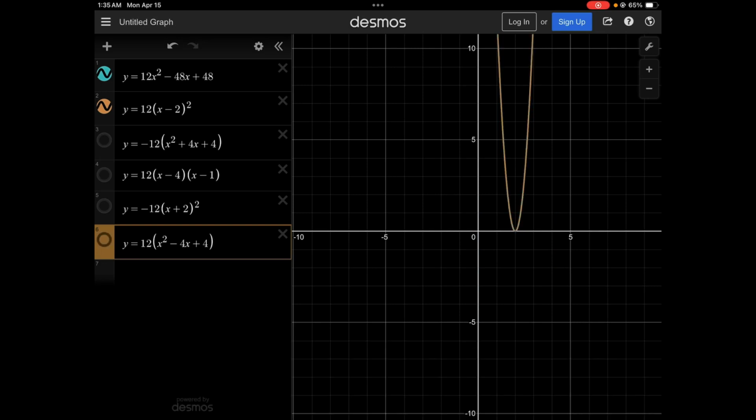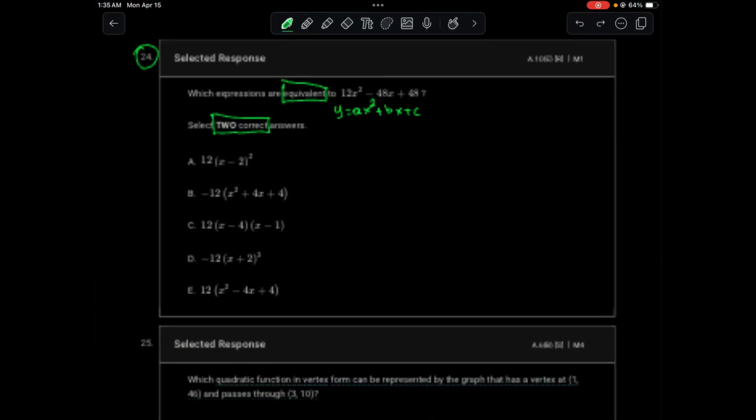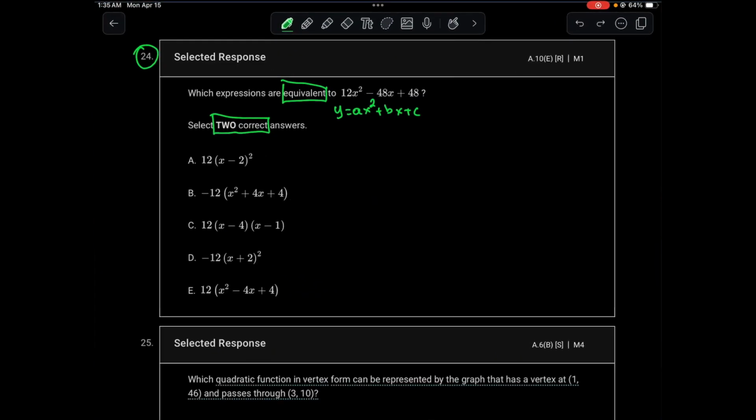Let's change the color of it. And of course it's the same as expected. Okay, so the correct answer was A and E.